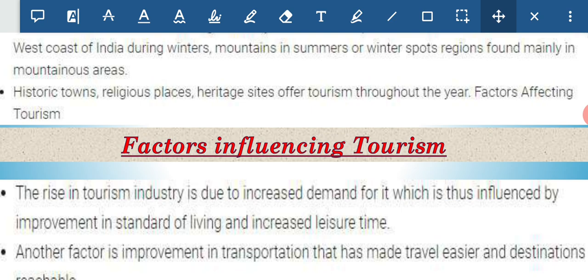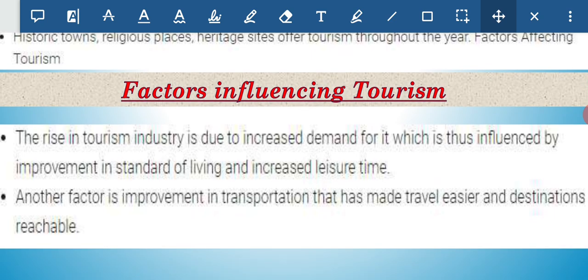So another important factor is improvement in transportation, which has made travel easier and destinations reachable. I gave the example of Andaman and Nicobar. If you are moving by air transport, it will be easy to enjoy the holidays, but if you are moving by water transport, it is a long duration of travel that cannot be very beneficial, because our time span of holidays is less.